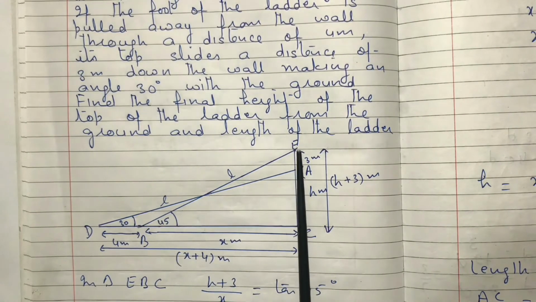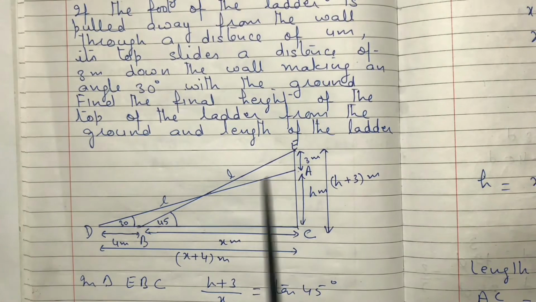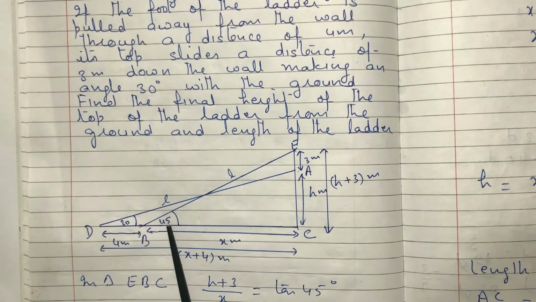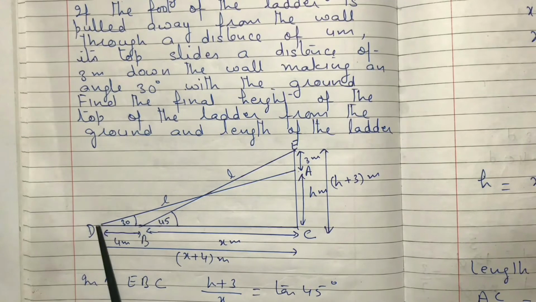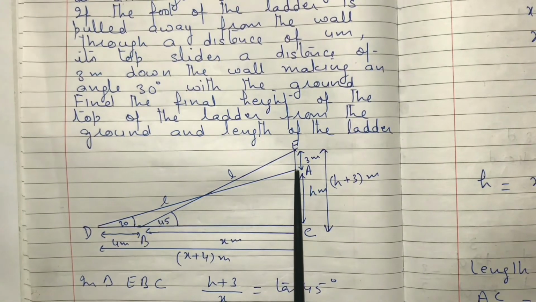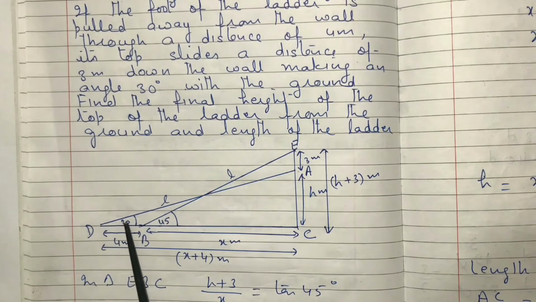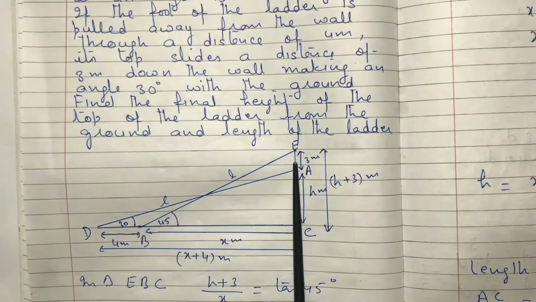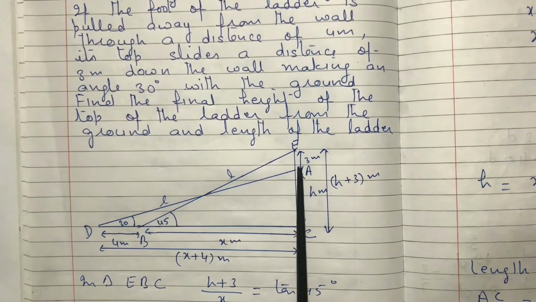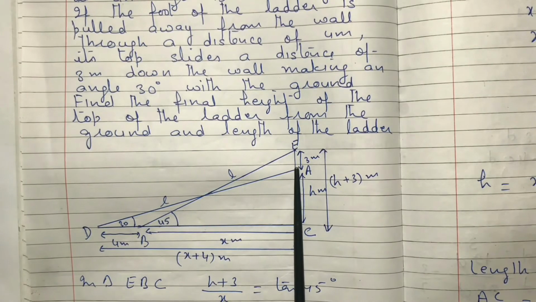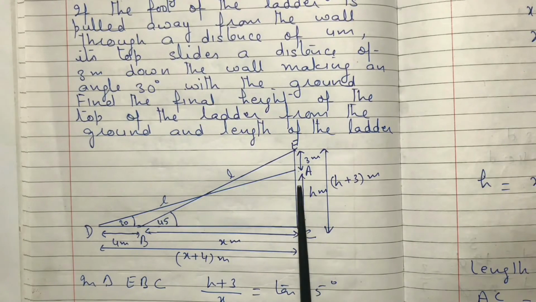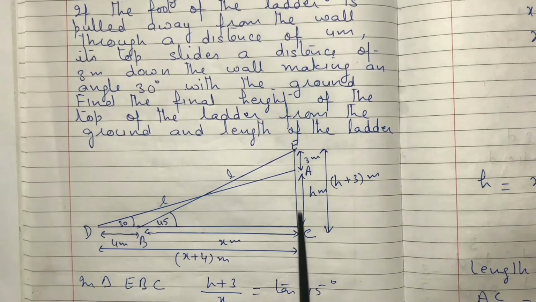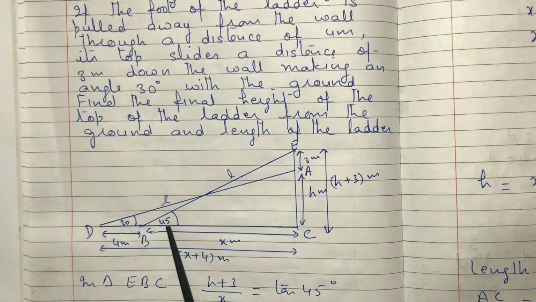Originally it is placed with this wall and it makes an angle of 45 degree with this ground. And this ladder was pulled 4 meters and now it comes here, and this makes an angle of 30 degree with the ground. This length is 4 meters, and the ladder slid down the wall up to here, that was 3 meters. You have to find this distance h and the length of the ladder.